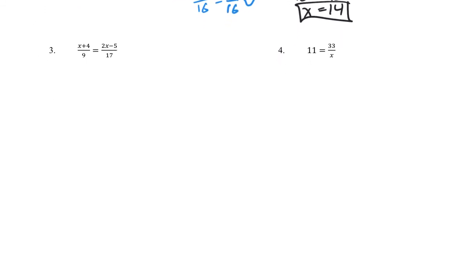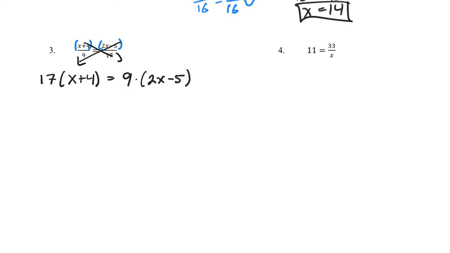So for number 3, first thing I'm going to do is I see some binomials. I'm going to group them so that I don't forget that I'm going to have to distribute later on. All right, so I'm going to do my cross product. This is going to be 17 times the quantity, x plus 4, equals, next one, 9 times the quantity, 2x minus 5.